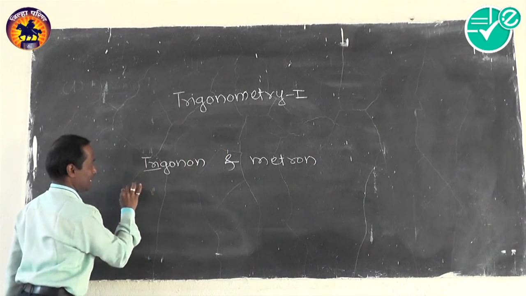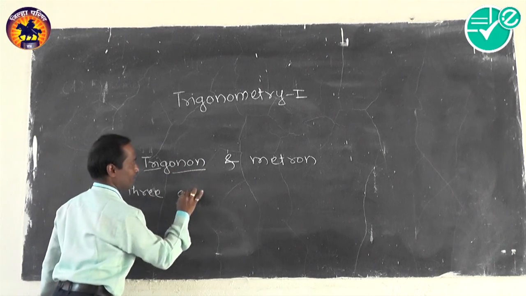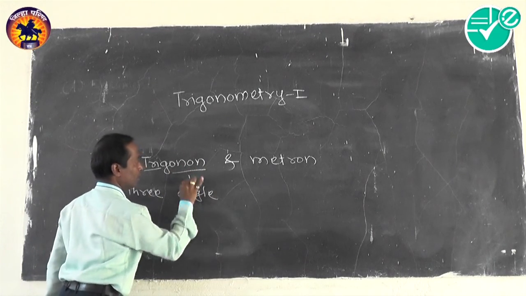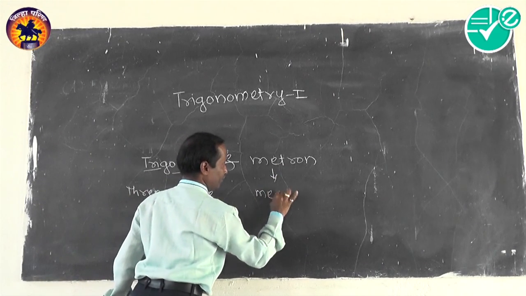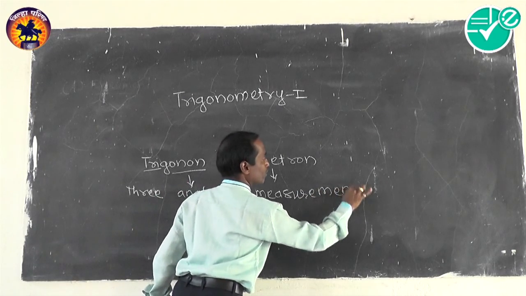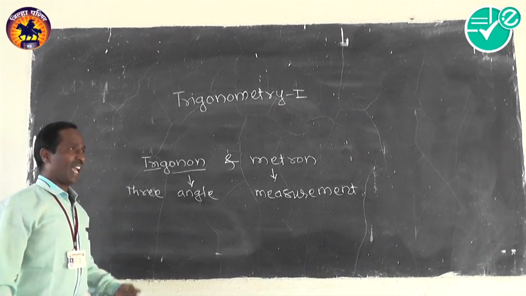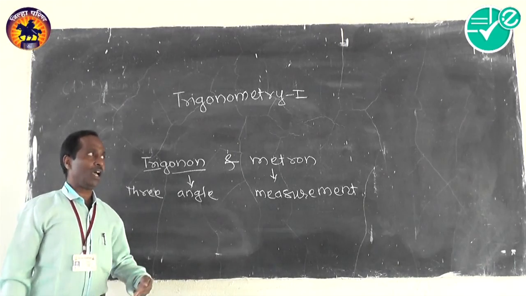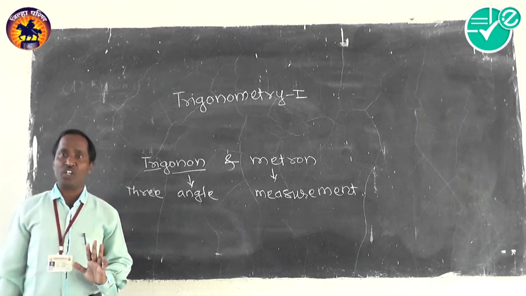Trigonon: tri means three and gnon means angle, and metron means measurement. Trigonometry means three angle measures. The signs of trigonometry depend upon certain functions called the trigonometric functions.